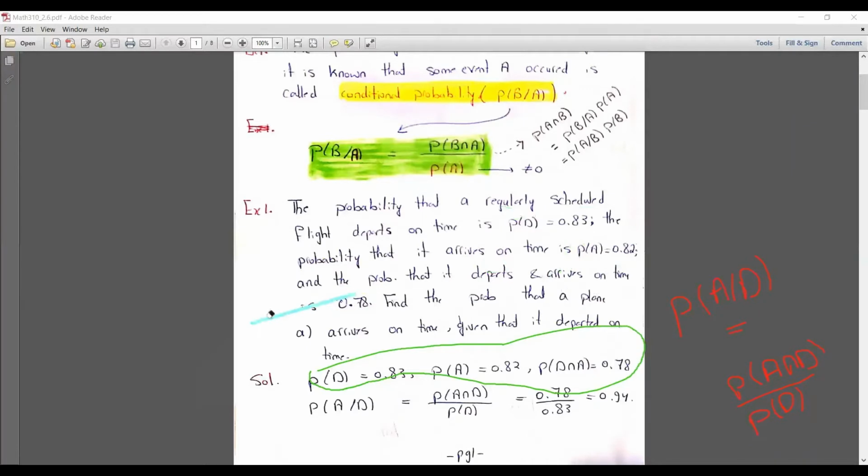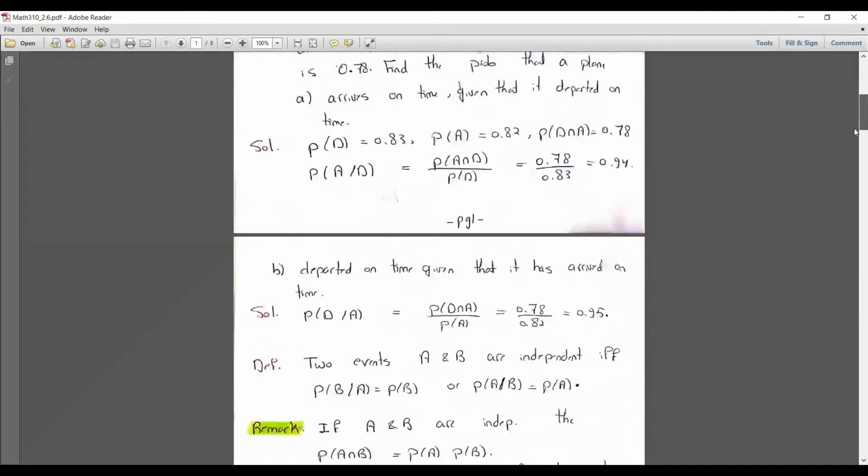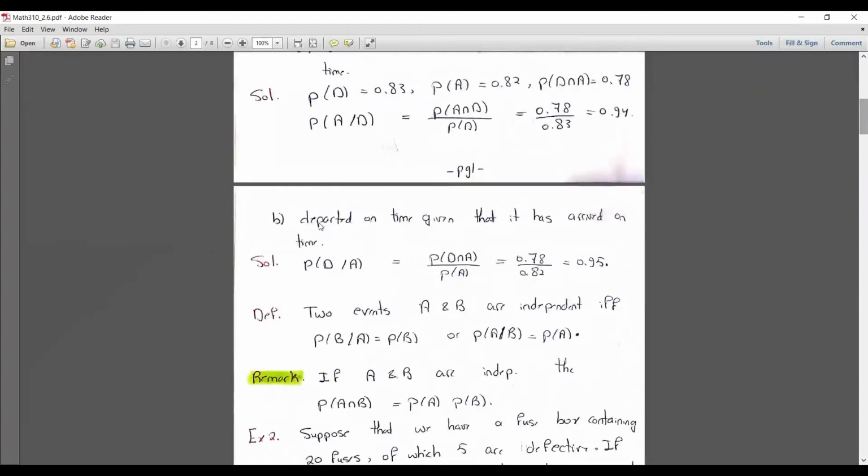Okay, guys, let's erase them now and proceed with our exercise. Then we need to find the probability that it departed on time given that it has arrived on time. So, guys, what do we need to find here?